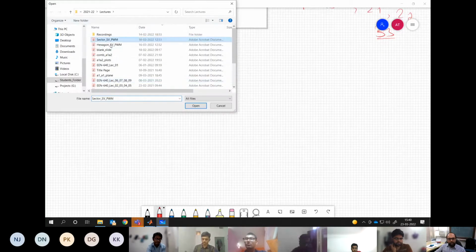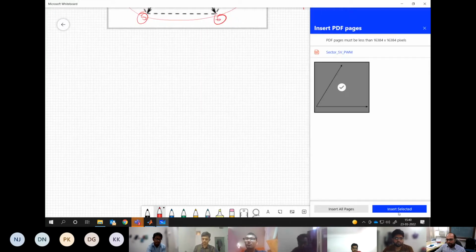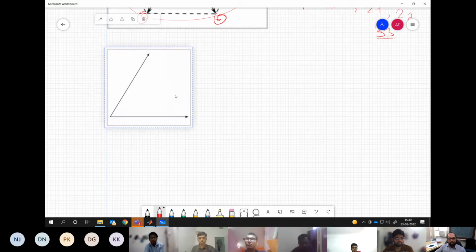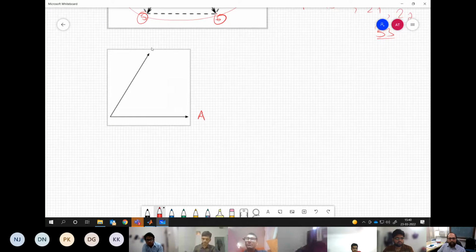So let us generalize the sector itself. Instead of writing the number for this sector, I will write only starting and ending names. Let's say the starting vector is A and the ending vector is B. And the 0 vector which is closest to A is called ZA and the 0 vector which is closest to B is called ZB. Fine. This is simple, right?